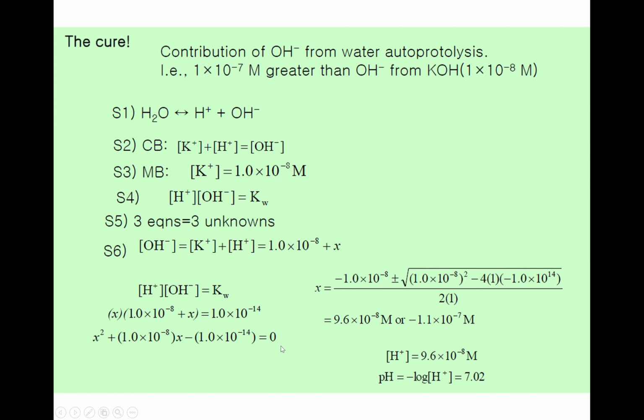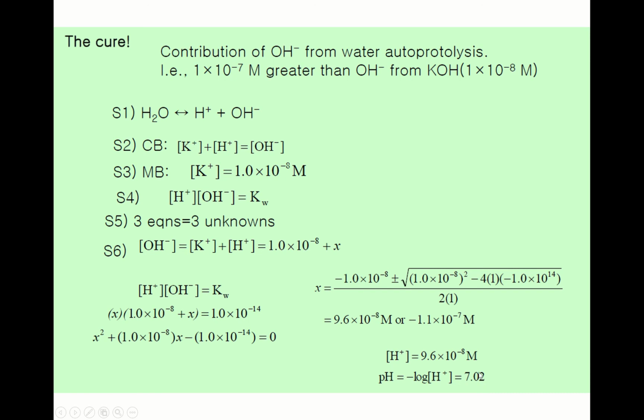Very easily we can solve it, and we get two answers, but one answer is wrong because it gives a negative concentration, which is impossible. So we take only one. The proton concentration x is 9.6 times 10 to minus 8 molar, and the pH using this equation is 7.02. After considering water dissociation, the pH becomes slightly more than 7.